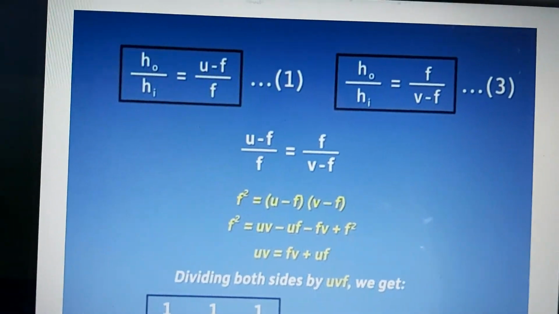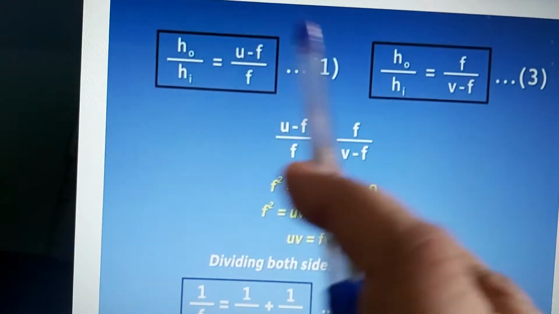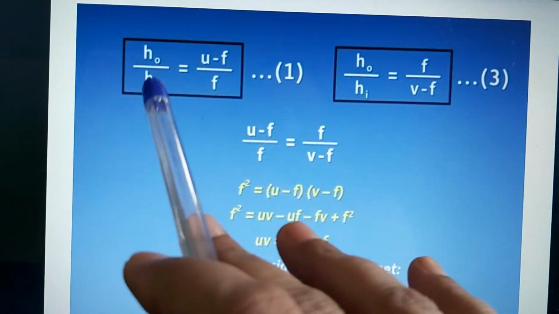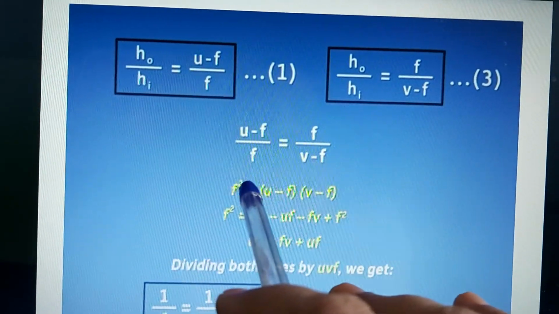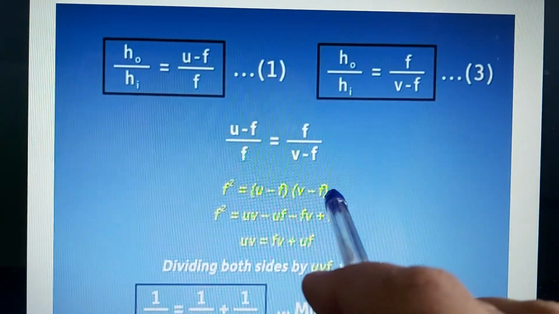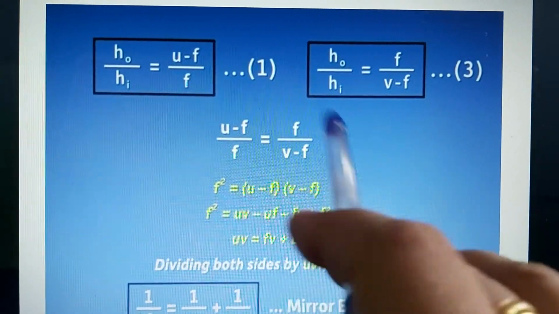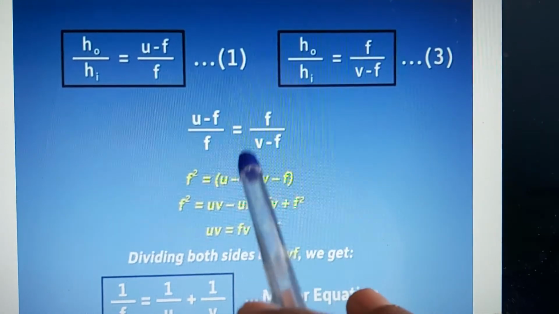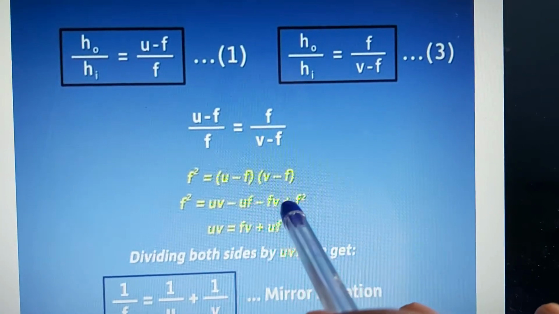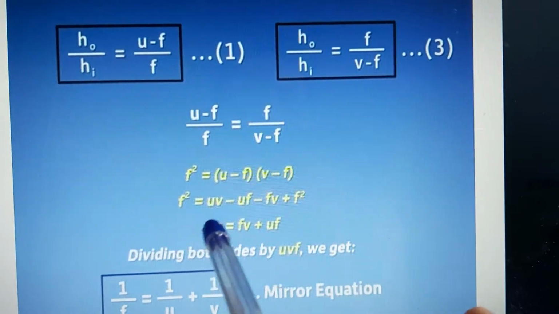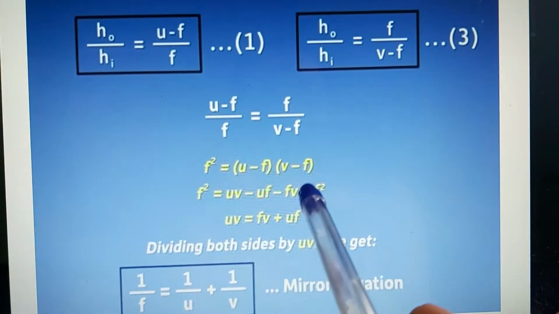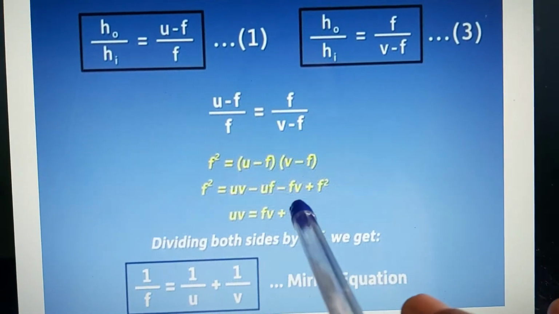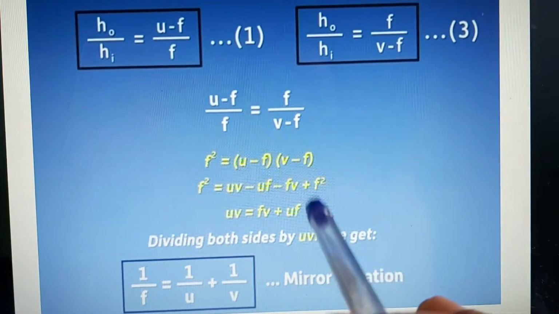From these two equations, U minus F over F is equal to F over V minus F. So here we will do the cross multiplication. F square is equal to U minus F in bracket times V minus F. Now we will open the brackets: UV minus UF minus FV plus F square.